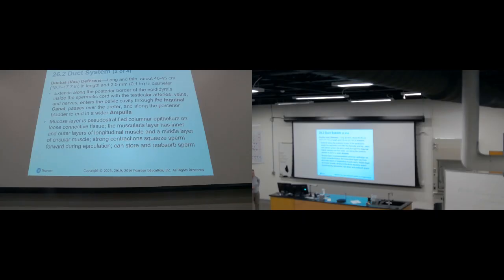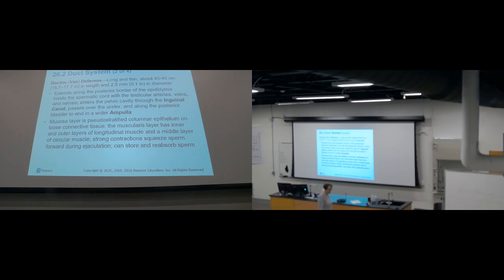And then it enlarges near the prostate gland into a region that is called the ampulla of the ductus deferens, or ampulla of the vas deferens. Internally, this vas deferens has the same epithelium as the epididymis, pseudostratified columnar epithelium.